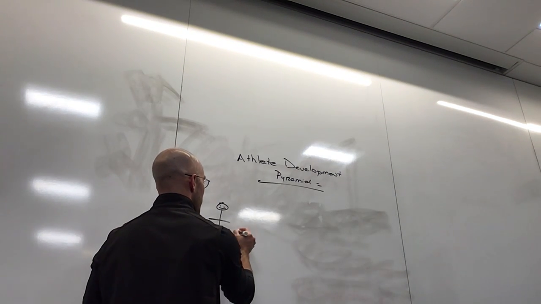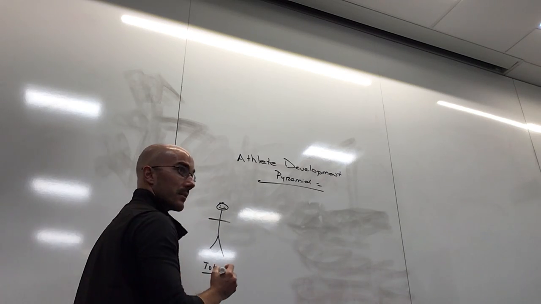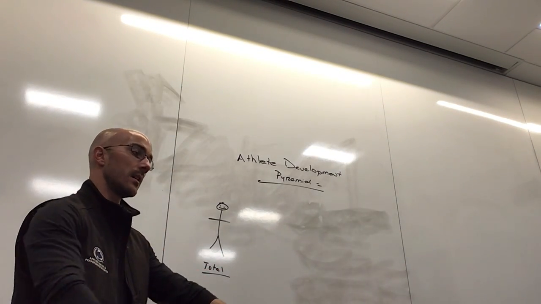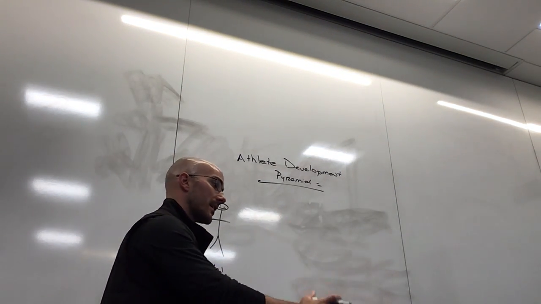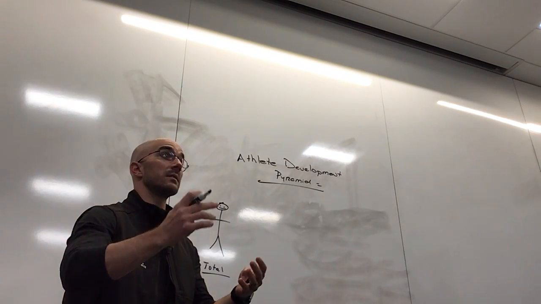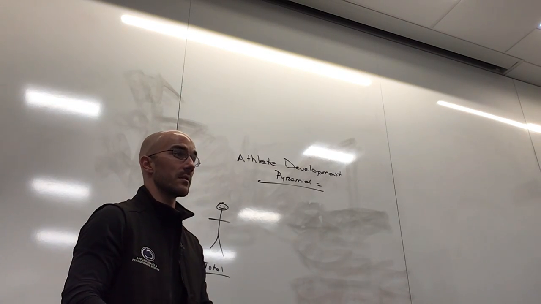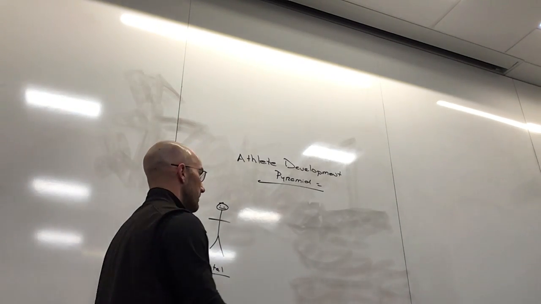So we want to think about the total athlete. Everything matters. As a college kid, the classes matter, the social matters, the experiences they have before they get to college matter, the physical matters, the on-field stuff matters. Everything should be accounted for.